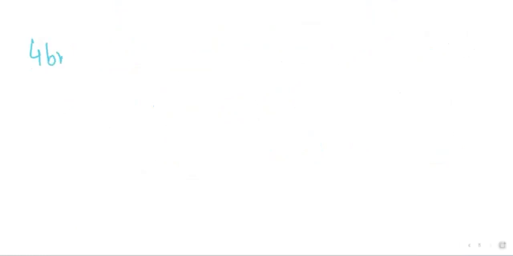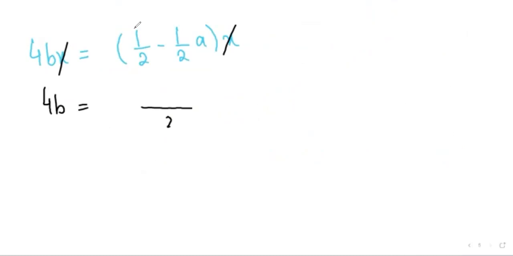So our 4bx, and x is cancelled with x, so we are left with 4b, which is equal to, taking LCM here, 2 times 1 minus a. So b is equal to 1 minus a.